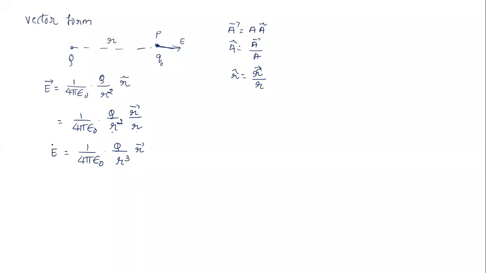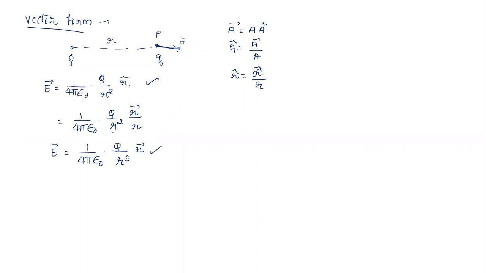This is also a vector notation. In these two, anyone you can write and you can explain them: what is q, what is epsilon naught, what is r cap, what is electric field E. This is the vector form, and already we know the unit of electric field is Newton per coulomb from the definition.